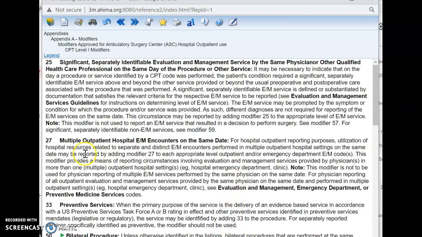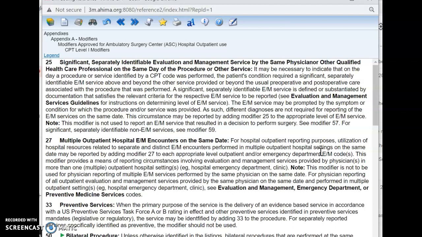All right. So here we have multiple outpatient hospital E&M encounters on the same day. For hospital outpatient reporting, I can't say these all would possibly be E&M because we did have the cast come off.